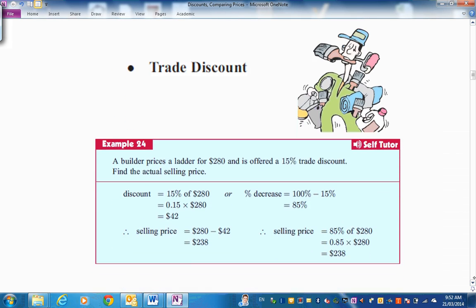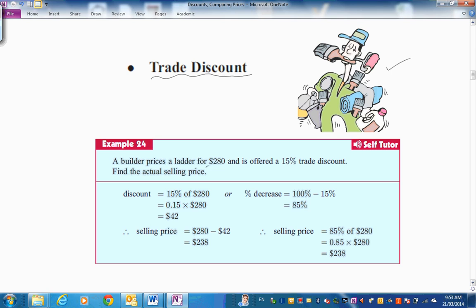So, who gets it? Who gets a discount? Well, tradespeople. Here's a painter going off to do a job, and there are certain paint outlets that will give a discount to the trade. So they want to try and support painters and also improve their client base, how many people come to them. So they'll offer the trade a discount.